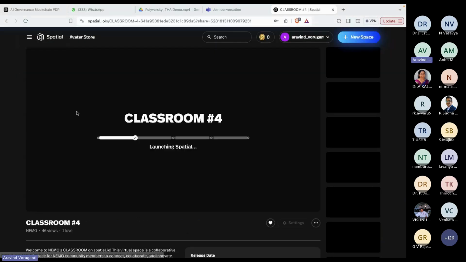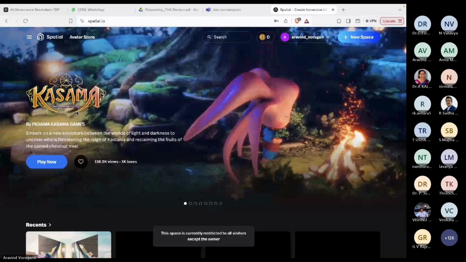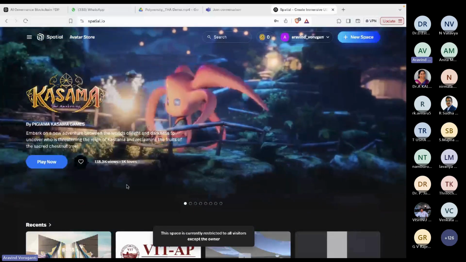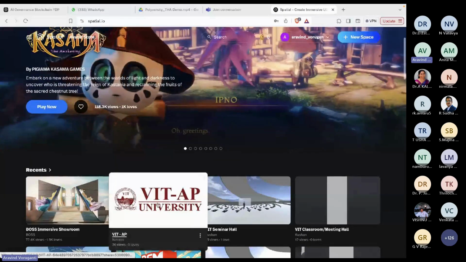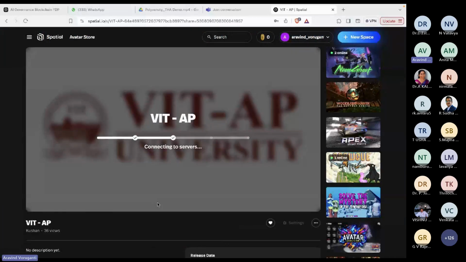So let me take you to something a little futuristic, interesting. Okay, this space is okay. So this is one model campus that we have built for VIT.